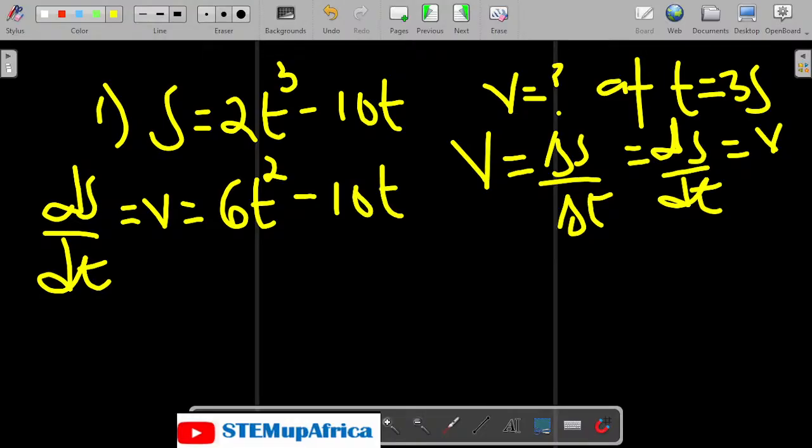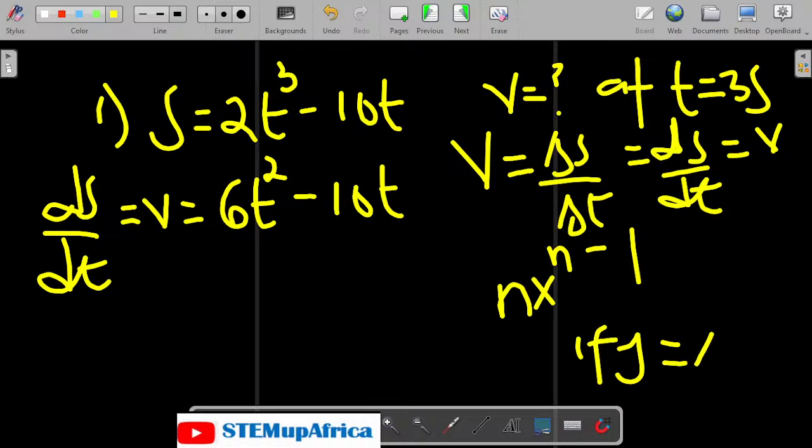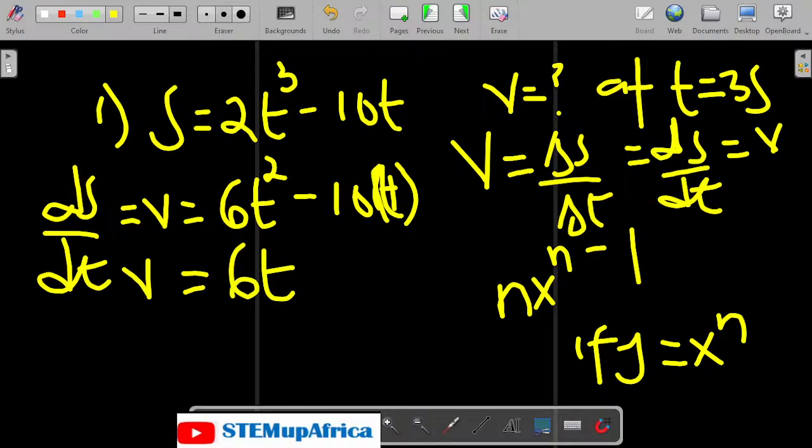I hope you know the formula of differentiation, n x to the n minus 1. If y is x raised to the power n, we bring down the power to multiply the variable. And the derivative of 10t is 10. So I'm having v as 6t squared minus 10.